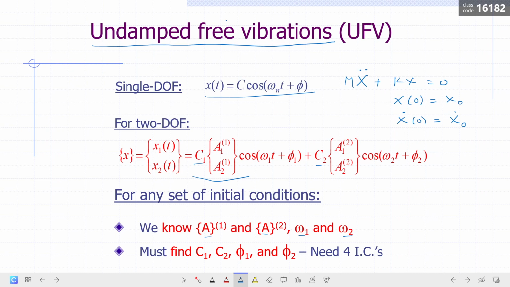It's like you pull out the two masses to a certain h1 and h2, and then you release it, then it has motion. One of them can be zero, that's fine, either one of them, but at least one of them must not be zero for free vibration. Otherwise, the general solution would be just equal to zero.